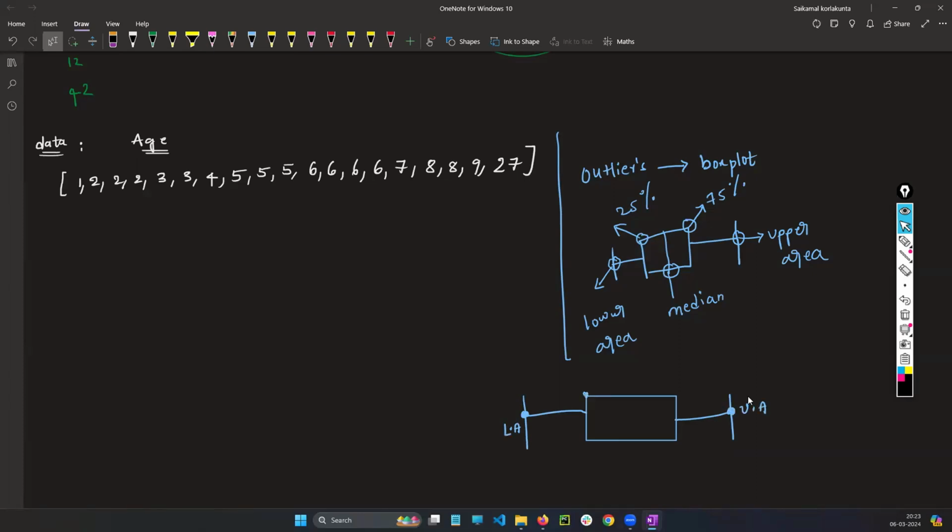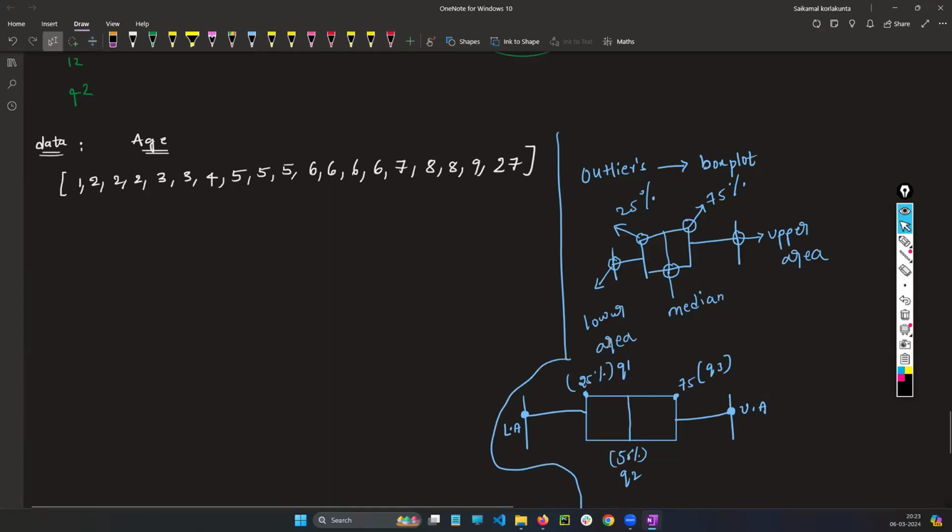This is 25 percentage of the data in the column, which you can represent with Q1. This is 50 percentage of the data, which is the median, represented with Q2. This is 75 percentage of the data, represented with Q3. I will explain each and every point, no worries.